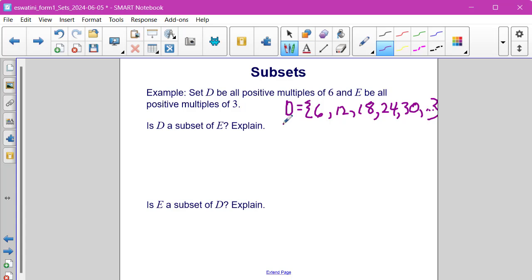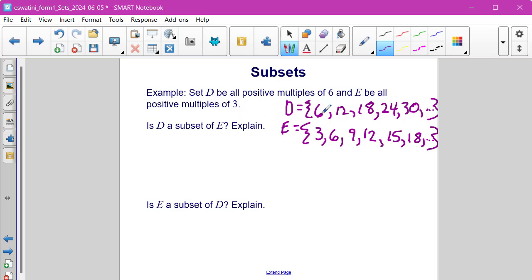Okay, and now set E are all the positive multiples of 3. So we have 3, 6, 9, 12, 15, 18, and it keeps going.